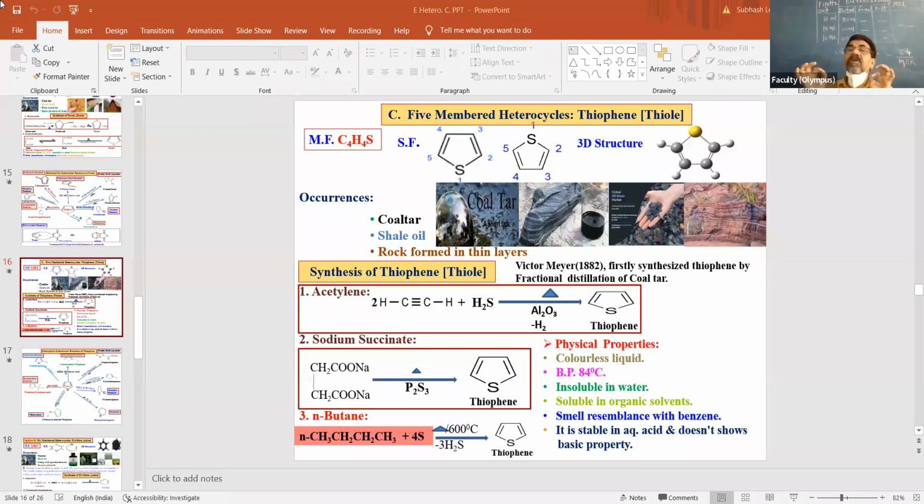The boiling point of thiophene is 84, whereas furan's boiling point is 32, whereas pyrrole's boiling point is 131. These are the three different boiling points. One of them may be asked, to confuse the student. So you can easily remember: furan 32, thiophene 84, whereas pyrrole is 131.